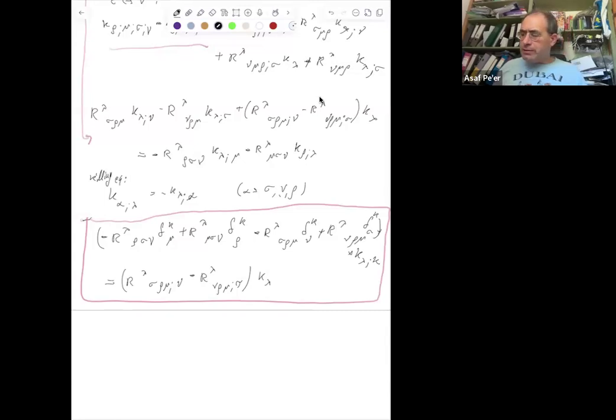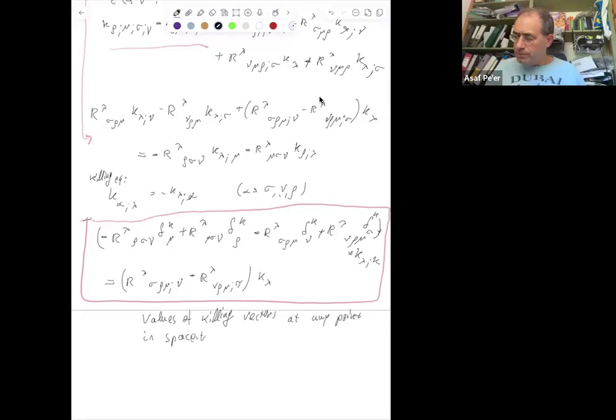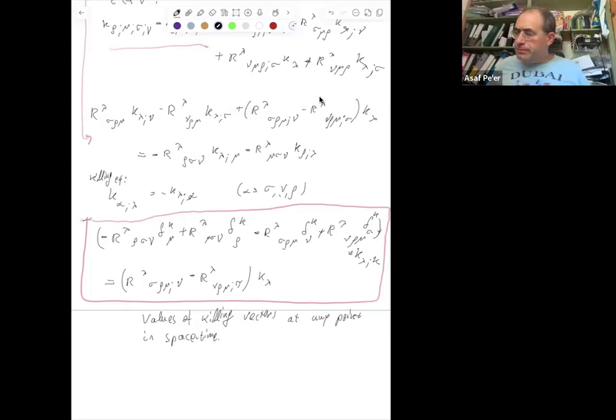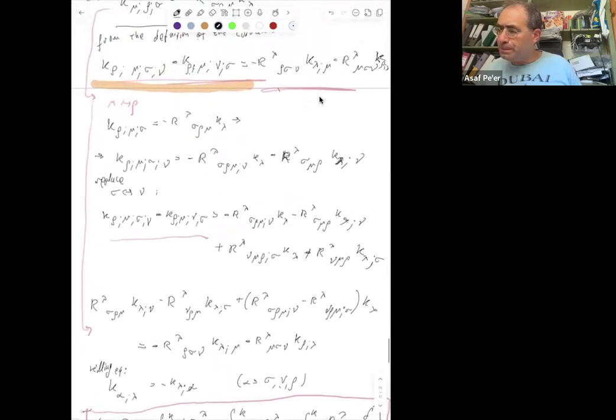Now let's look at maximally symmetric spaces. So, values of Killing vectors at any point in space-time. First, have a look at what we have here.